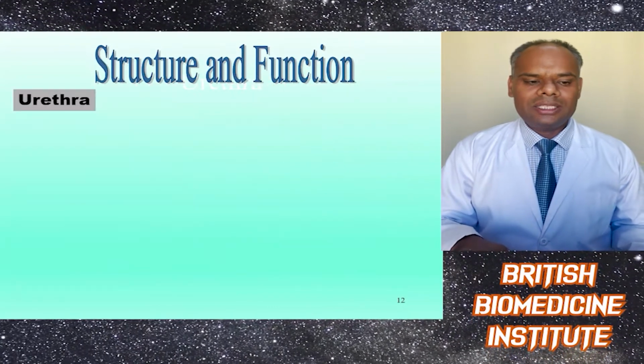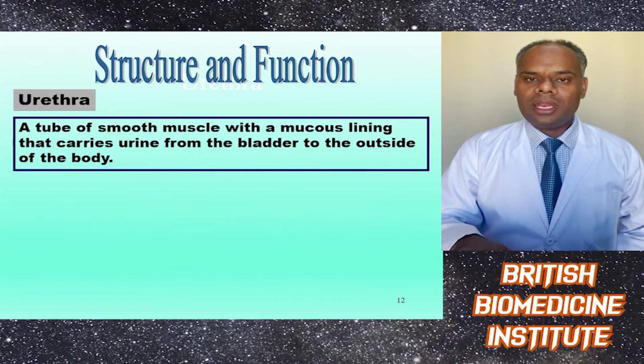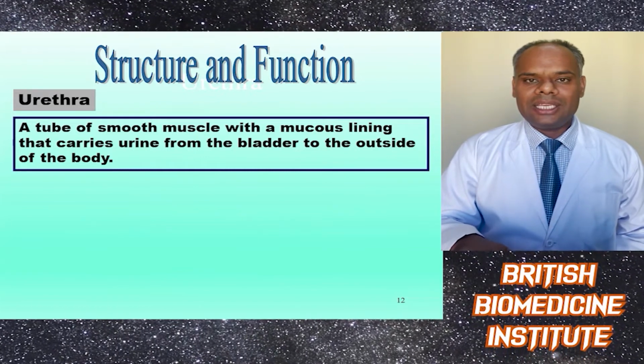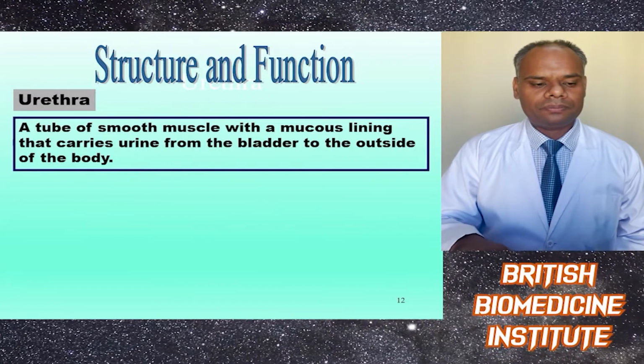The urethra is basically a tube of smooth muscle with a mucous lining that carries urine from the bladder to the outside of the body.